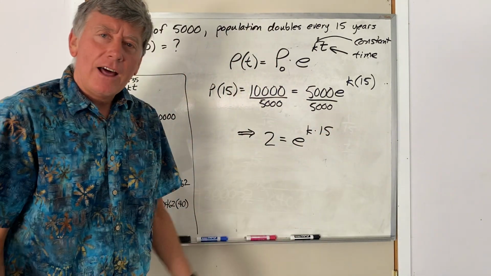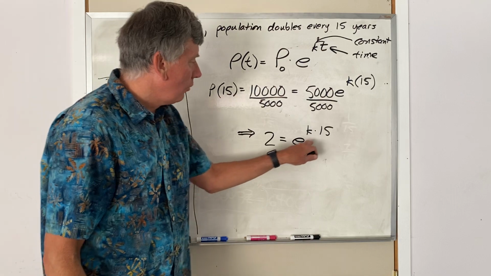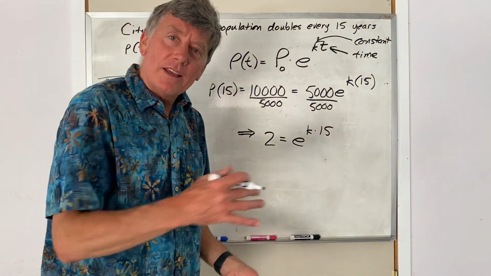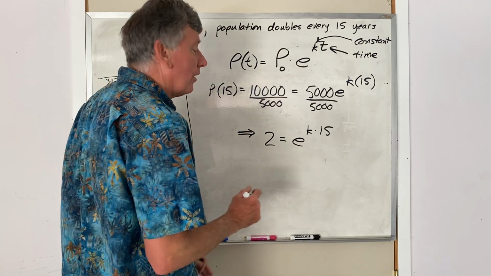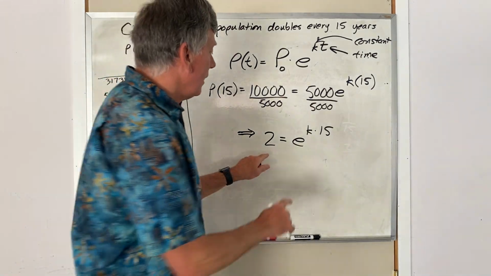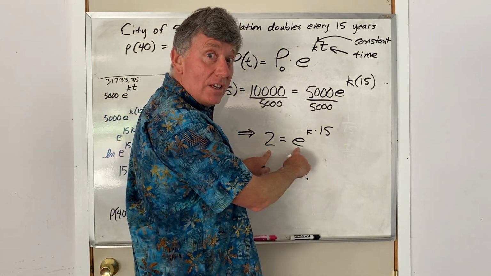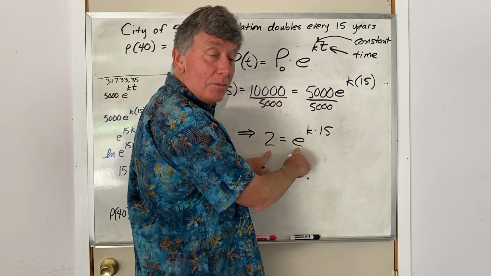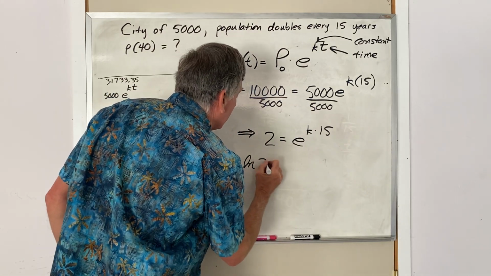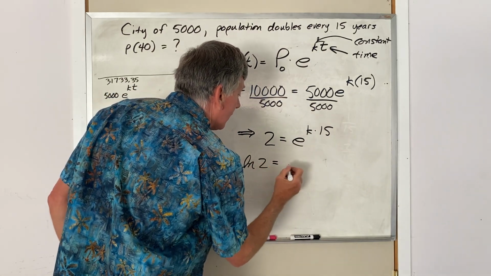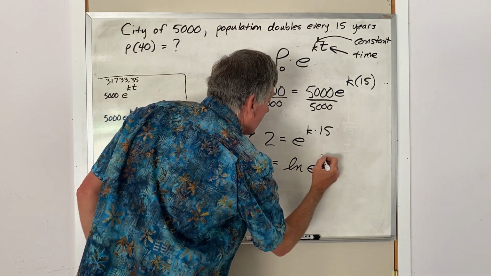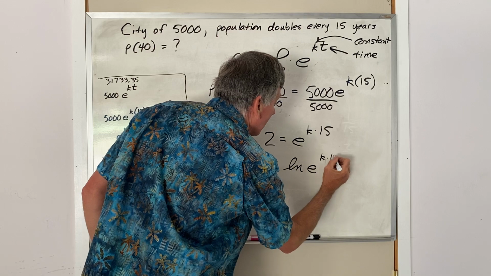Now you're wondering, how do I solve for this? How do I get k? It's an exponent. This is where I use my inverse function to figure that out. I'm going to take the natural log of both sides. If these are equal, their logarithms will be equal. So I take the natural log, ln of 2, and set it equal to the natural log of e to the k times 15.